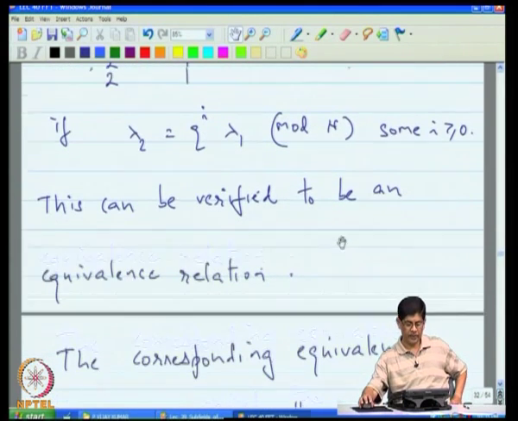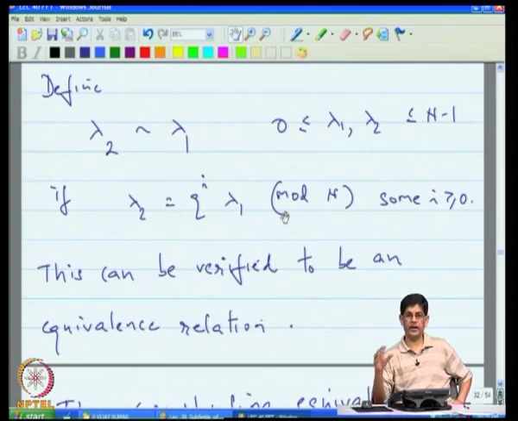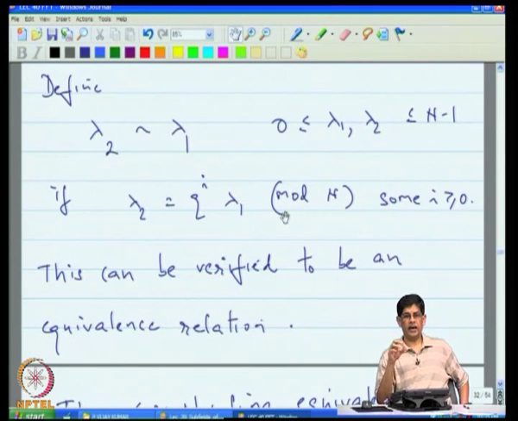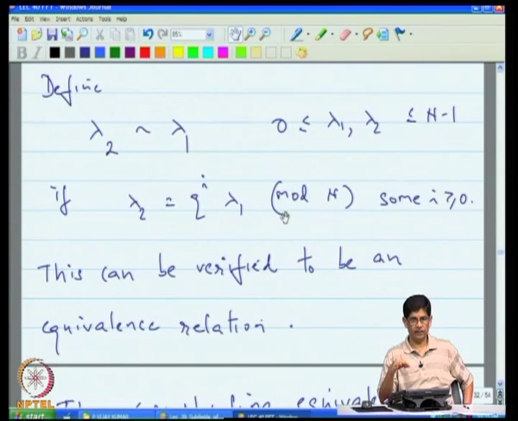This can be verified to be an equivalence relationship, just as when we discussed the p cyclotomic cosets mod p to the m minus 1, where I wrote down three lines showing that the reflexive, symmetric and transitive properties were satisfied. You can verify in exactly the same way that those three properties are satisfied here as well.